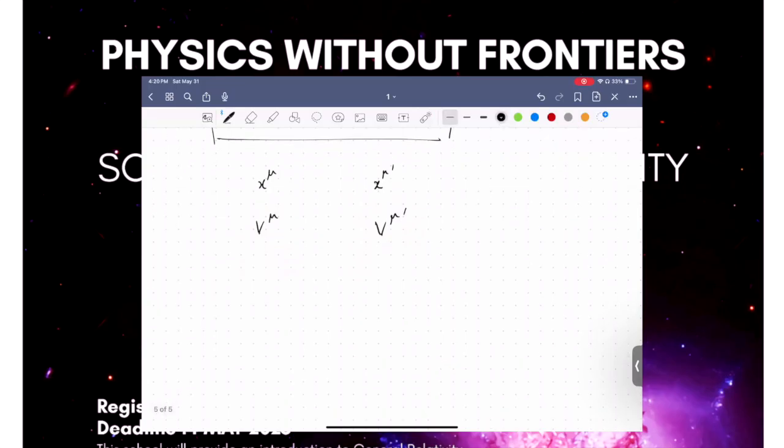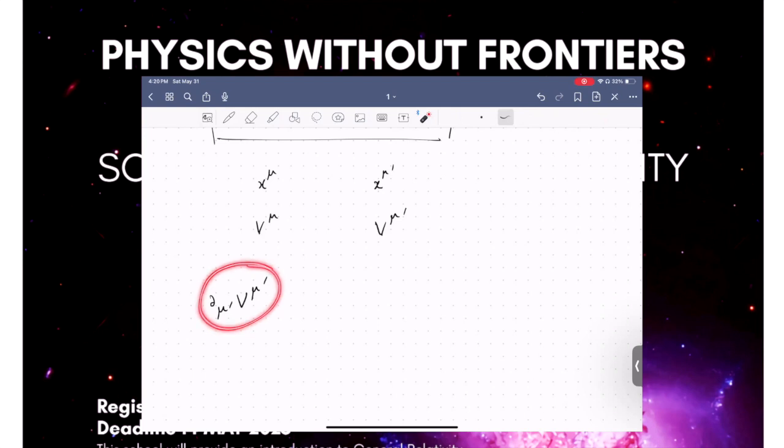Okay. Now, what if we had a partial derivative acting on this vector field, right? So let's say that we have something like this: del mu prime, V mu prime.